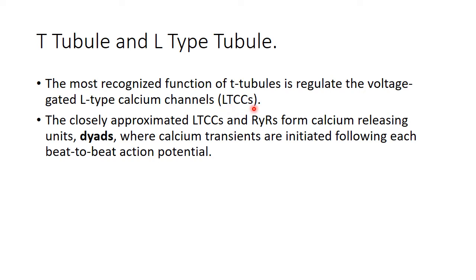L-type calcium channels have a long-lasting effect, and they open only at high voltage. The T-tubule is rich in one type of protein which acts as a receptor, that is DHPR, the dihydropyridine receptors.